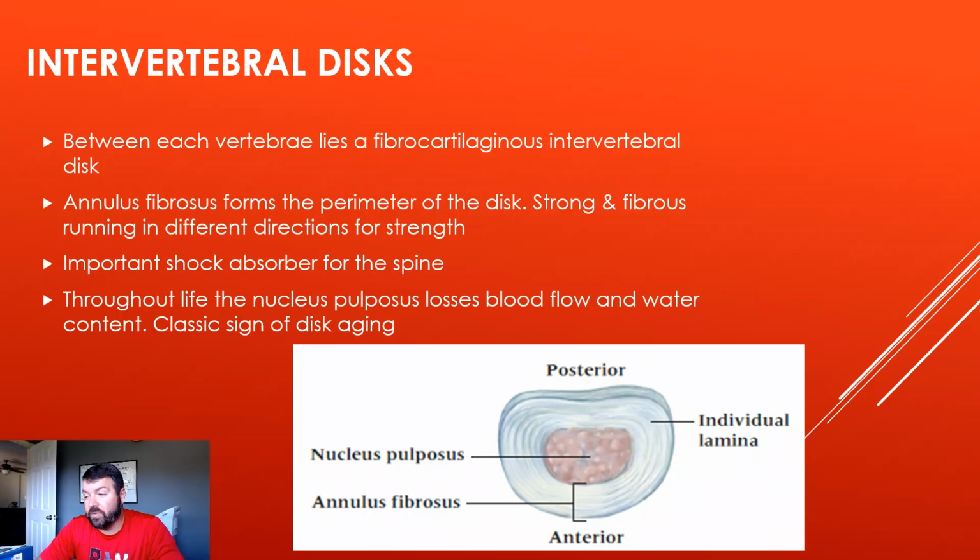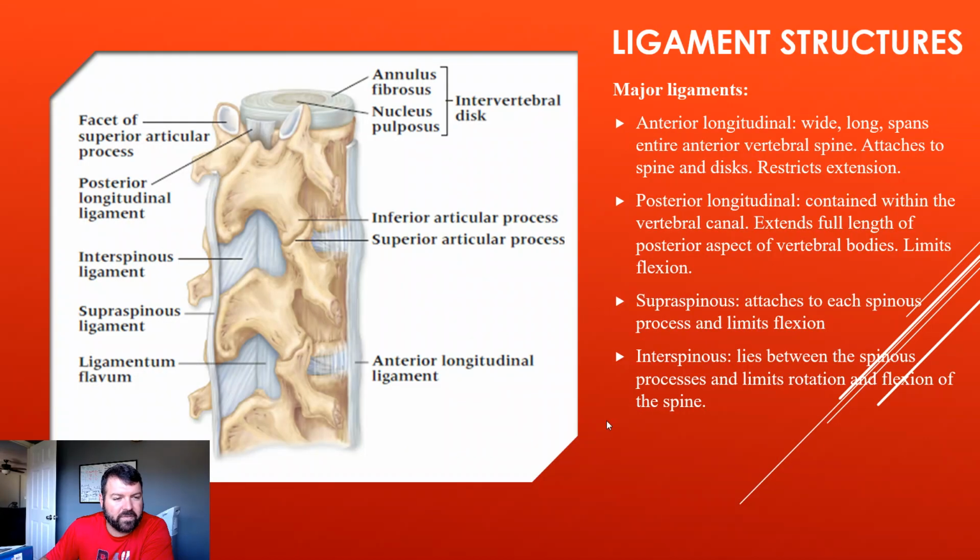Usually, as you get older, they tend to wear down due to loss of blood flow, low nutrients, low water content, just a result of aging. They can bulge, and the nucleus pulposus can bulge out of that annulus fibrosus and impede some of these nerve roots. Let me see if I have a better picture.